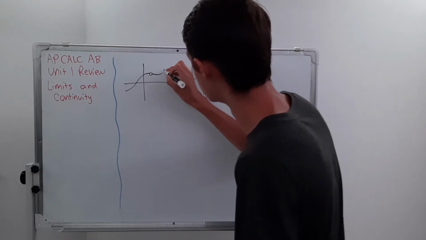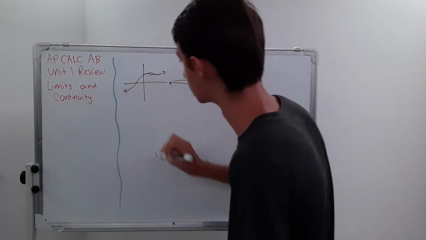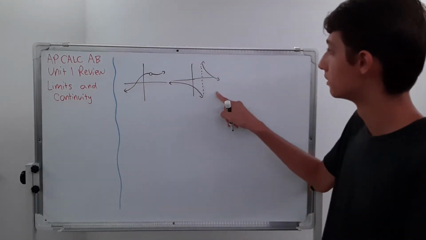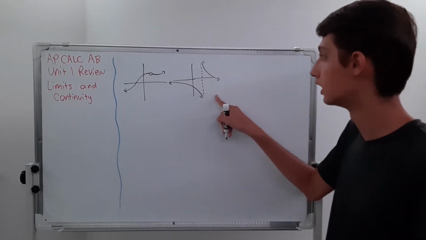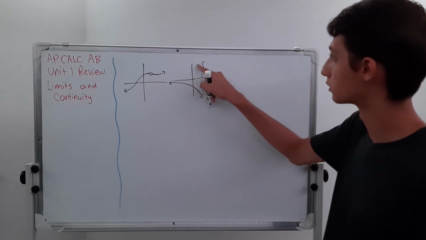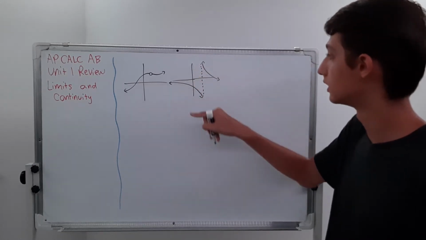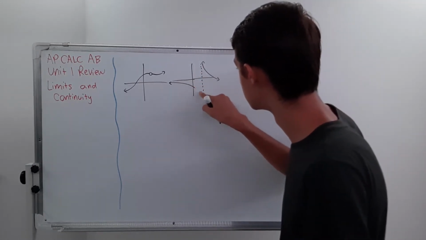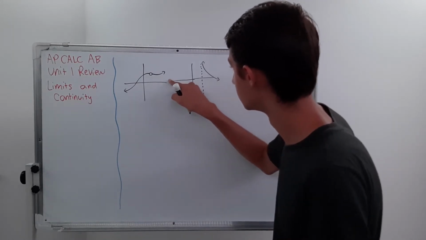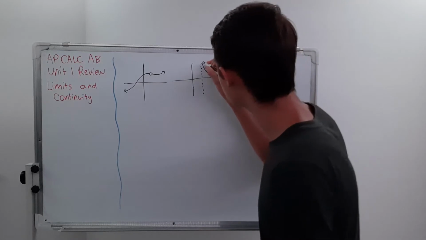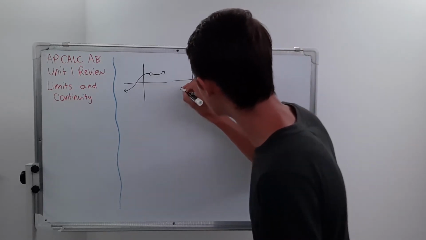I'll just put endpoints here, or arrows. So what if we have a vertical asymptote? Well, this isn't continuous. Even if this was going up, it's still not continuous. Let me actually draw that to show a better argument here. Alright, so what if we had something like this?